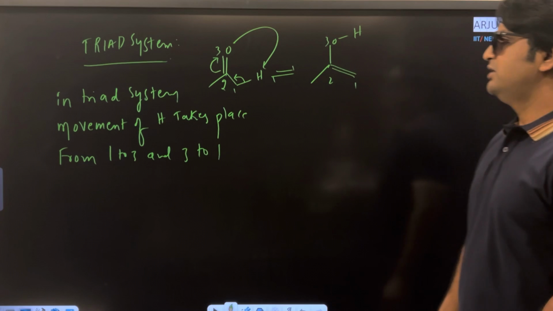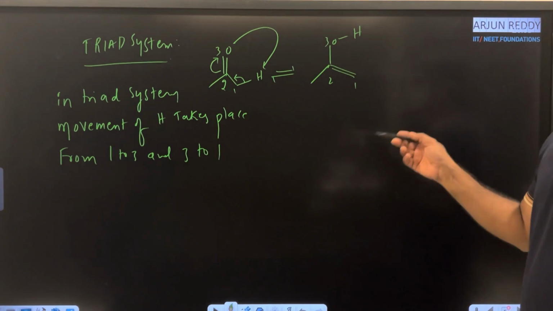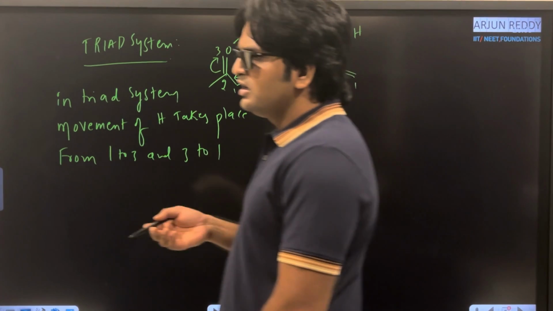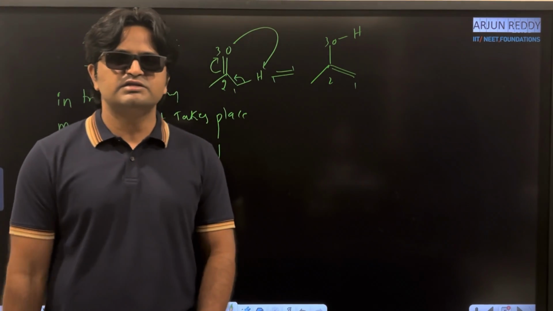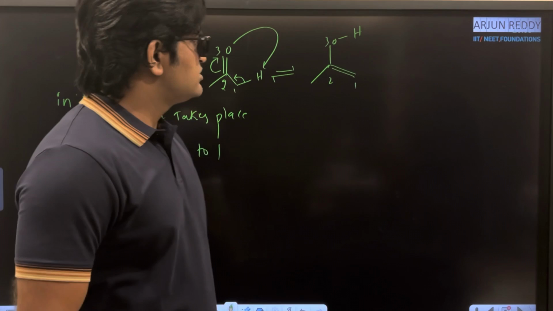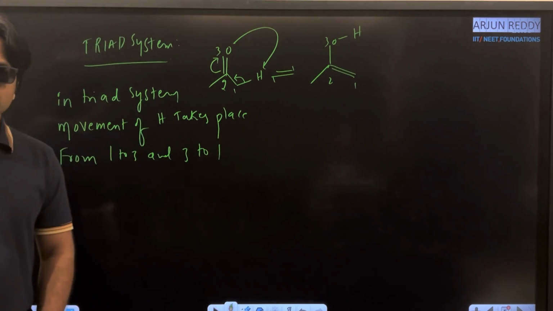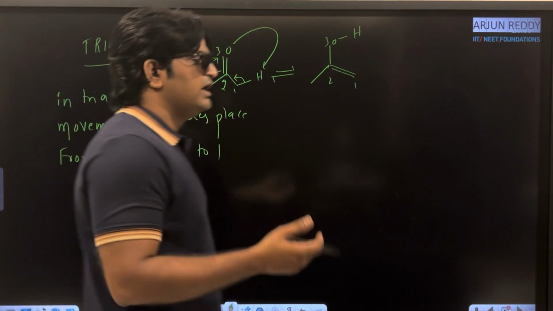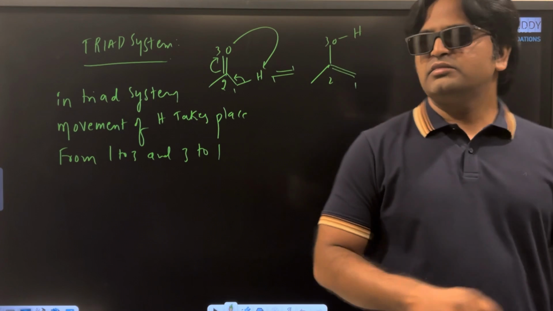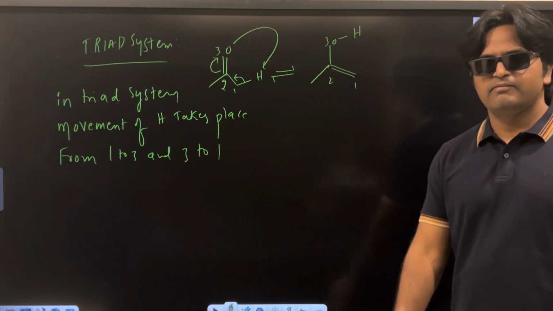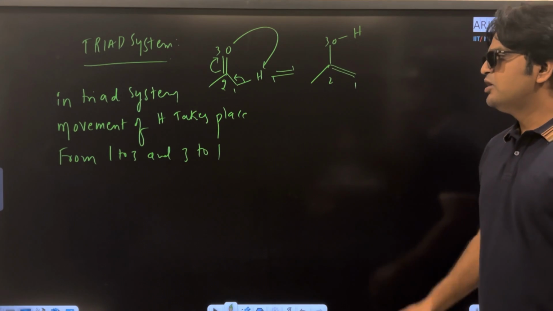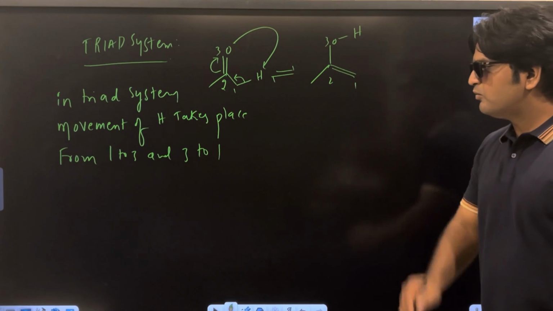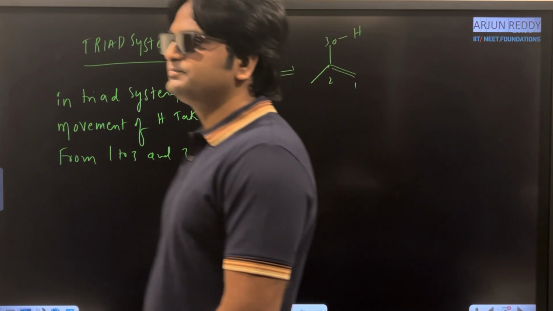Okay, that is the triad system. There are a lot of examples for triad system. Not only keto-enol tautomerism, we can use imine and enamine systems, nitro and acinitro systems, nitroso and oxime systems, which we will discuss at the end of tautomerism. Here these two examples are enough. Triad system, keto to enol form. In triad system, movement of hydrogen takes place from 1 to 3 and 3 to 1.